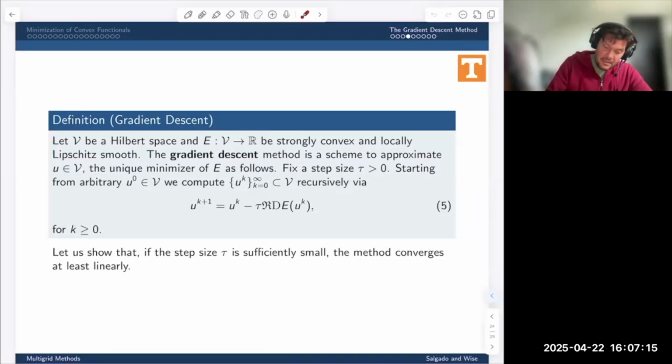Right. So the idea is we have some energy that is basically shaped like a bowl.